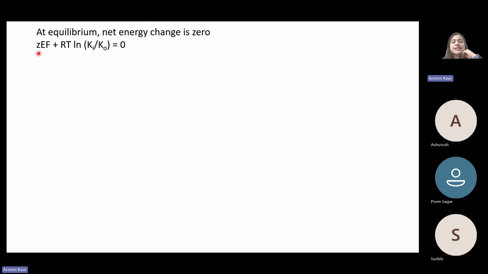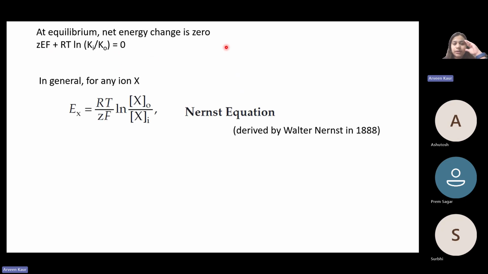So at this condition, ZEF plus RT natural log of Ki by Ko will be zero, right? So for any ion X, over here it was K, but instead of K it could be Na also, it could be Cl also.